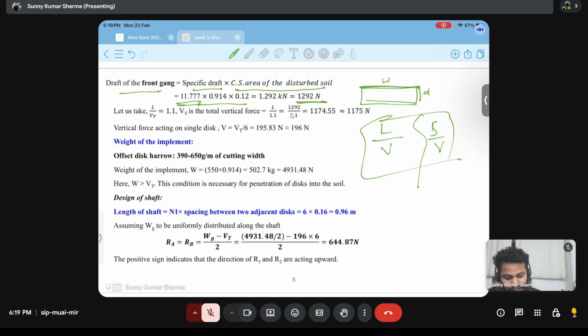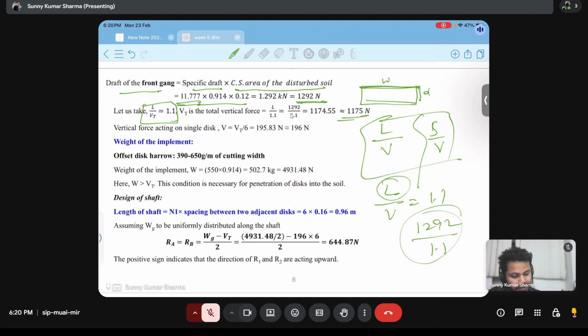L by V is 1.1 for a disc harrow, where L is nothing but the draft. So 1292 divided by 1.1 gives the vertical soil reaction, 1175 Newton. This is the vertical force V acting on the disc harrow.